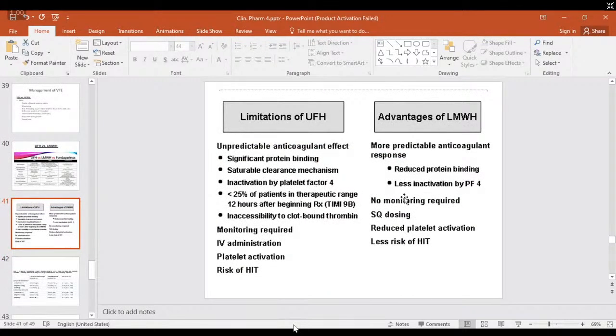There is also less risk of HIT, so this is heparin-induced thrombocytopenia, in the low molecular weight heparins, also in fondaparinux, of course. And another very big advantage of LMWH is that they're dosed subcutaneously.